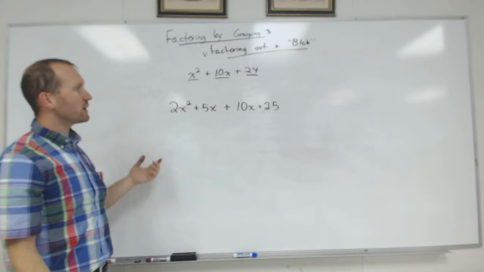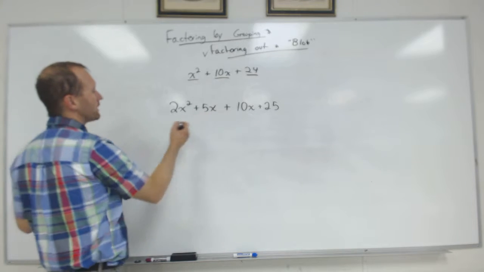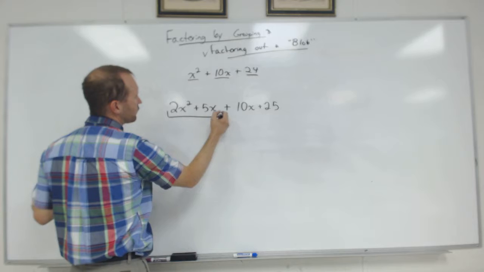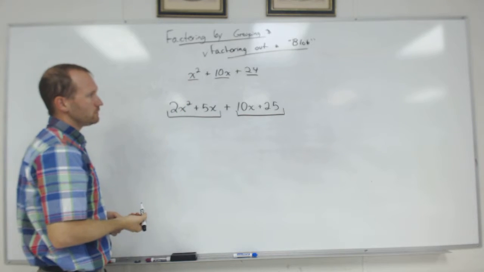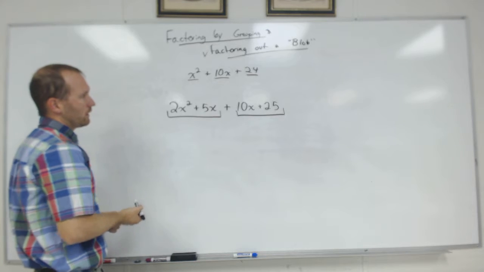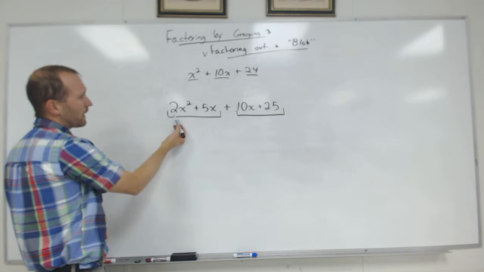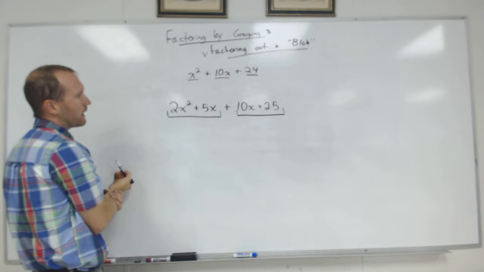Factoring by grouping is just what it sounds like. I'm going to group these 2 together and these 2 together. Within the first group, I'm going to pull out anything that I can pull out.